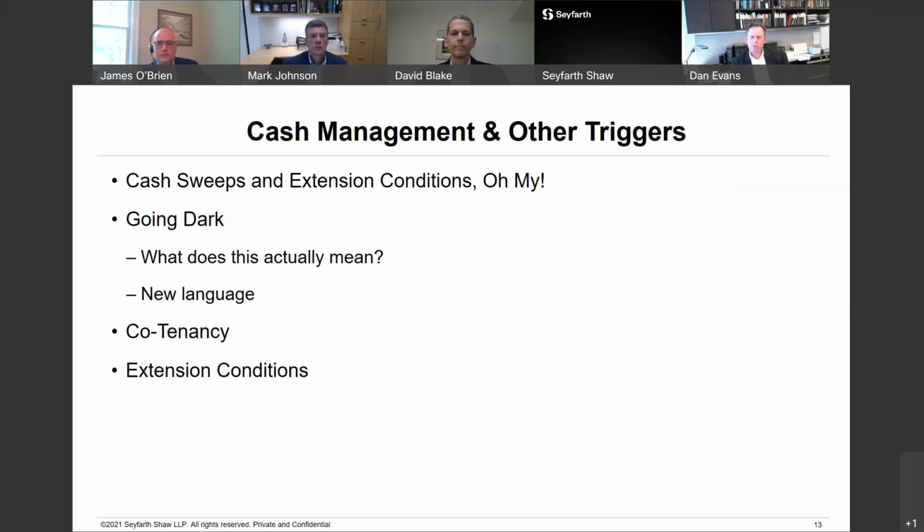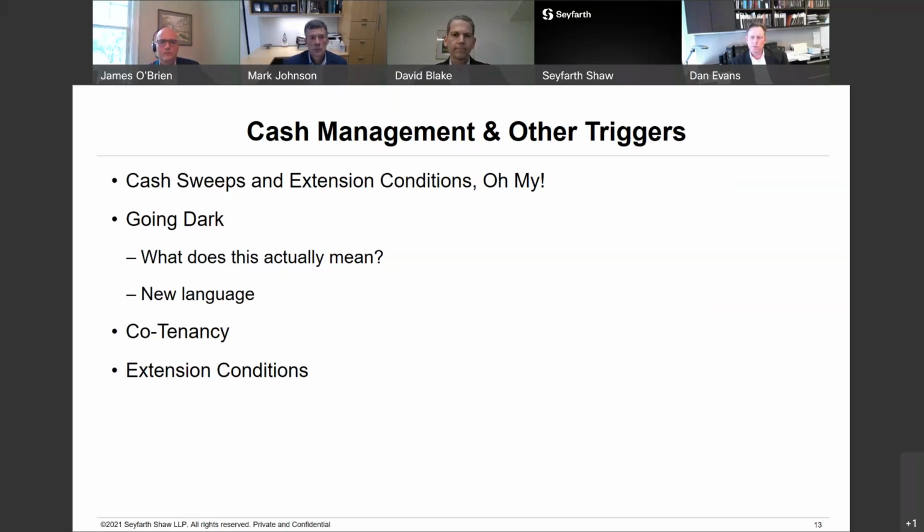Possible thoughts for future document negotiations from the side of the borrower. For cash sweeps, negotiate a one-time get-out-of-jail-free card, as they call them, to actually completely turn off your cash management.